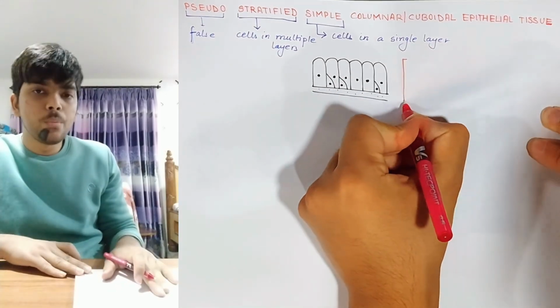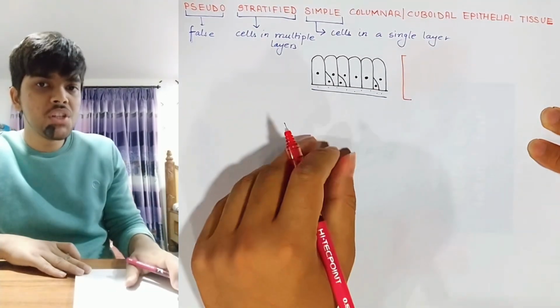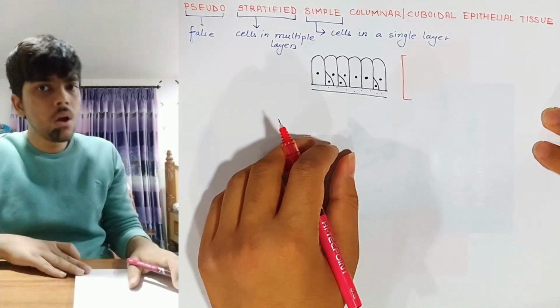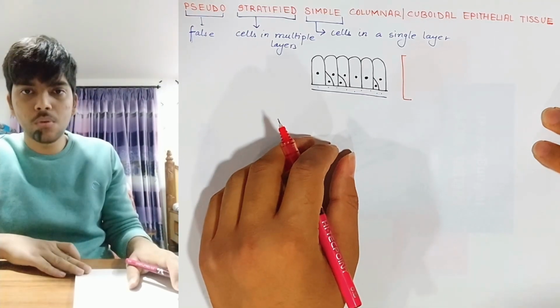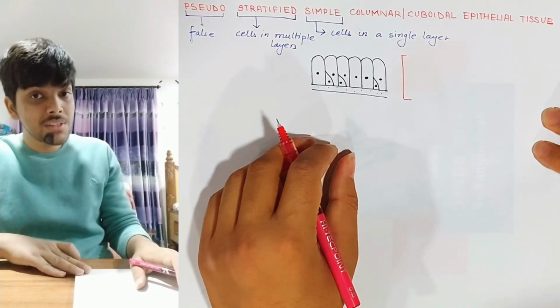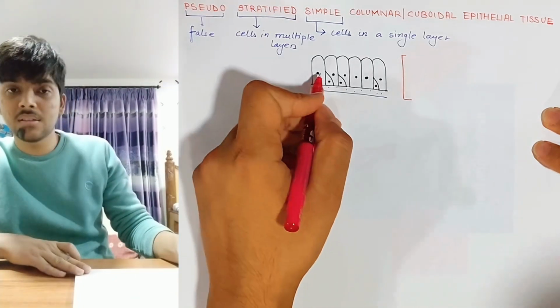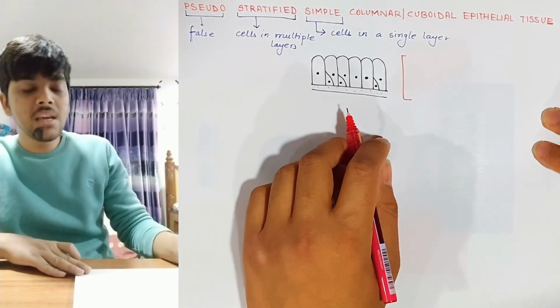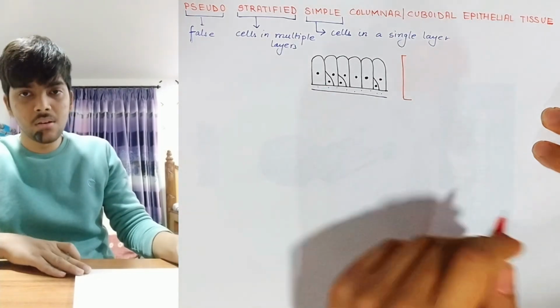How? In order to observe this tissue, you need to stain it first, right? After staining the tissue, you observe it under a microscope. Due to the difference in the position of the nucleus, while viewing the tissue under a microscope, you will see a false stratification. Why?